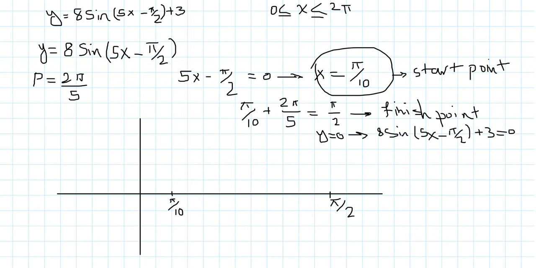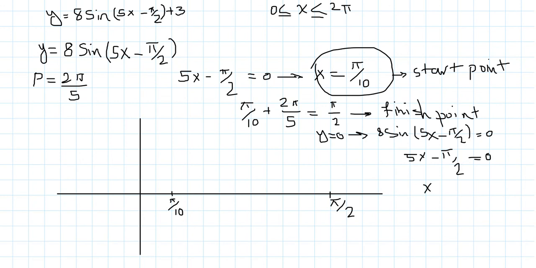So I know, excuse me, I don't have plus 3 in this part. I have only this equal to 0. So easily I can say 5x minus pi over 2 is equal to 0.